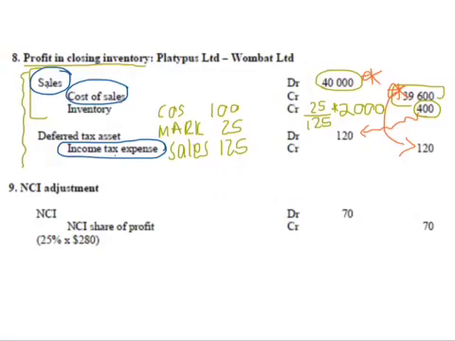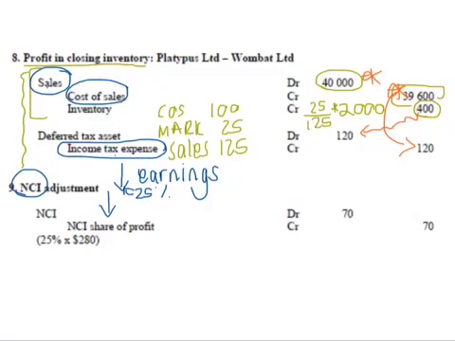So that's going to change the profit on a group level. It's going to reduce our earnings for the year because we reverse a profit that was included. Because there's a reduction in earnings, the NCI has to move in line. So the NCI is going to reduce by 25% of this reduction.